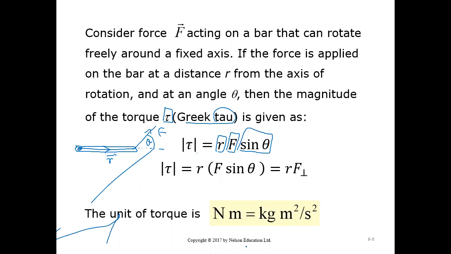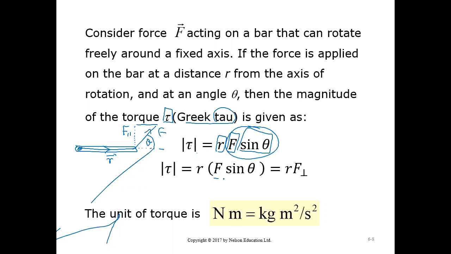Theta is the angle between the vector r and the vector F. So we can now group these two together and say this F sine theta is none other than the perpendicular component of F. Perpendicular to what? Perpendicular to the vector r.